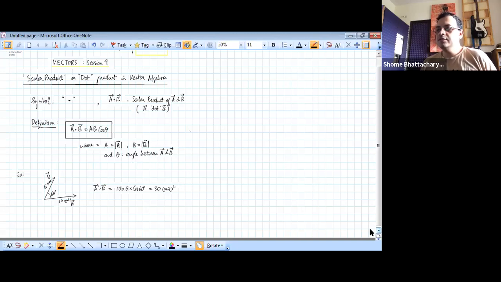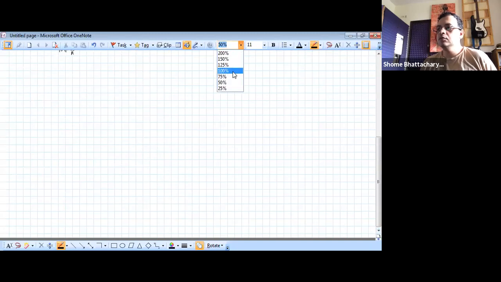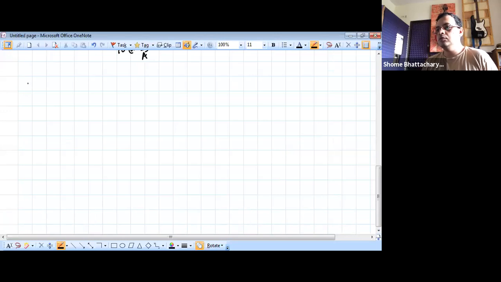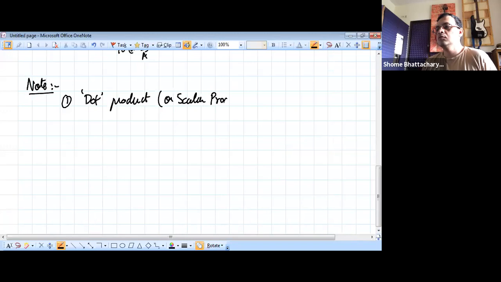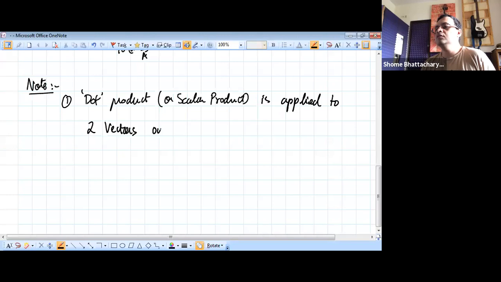Okay, so now let us understand a few more things about the dot product. First of all, the dot product or scalar product is applied to two vectors only.